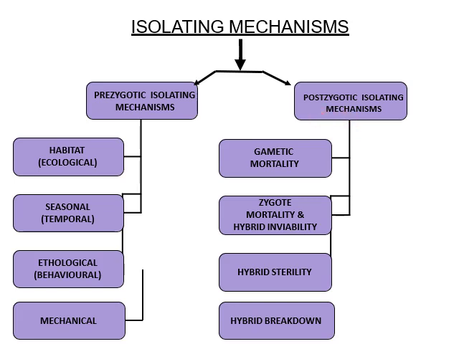After that, the zygote may die, or show hybrid inviability, or may produce a hybrid sterile organism that cannot reproduce in the next generations.